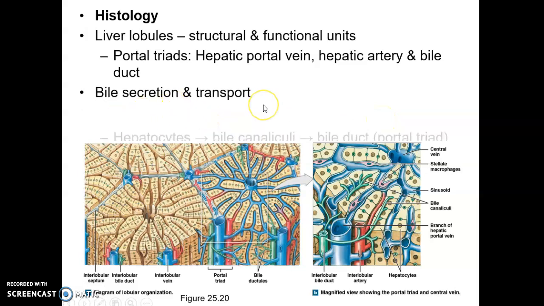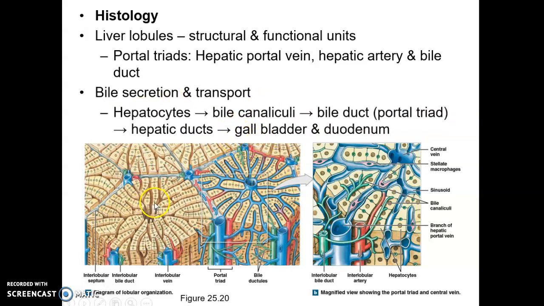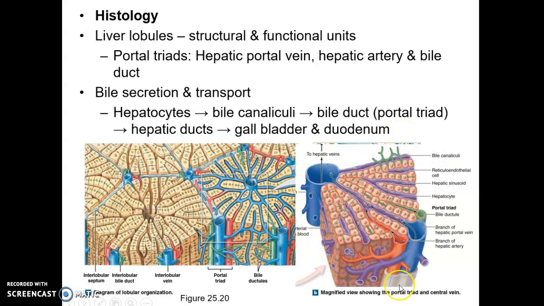And then bile secretion and transport. Hepatocytes produce the bile. Bile percolates through the bile canaliculi, through the bile ducts within the portal triad, and then eventually to the gallbladder for storage, and then eventually secretion into the duodenum, small intestine, as we talked about earlier.